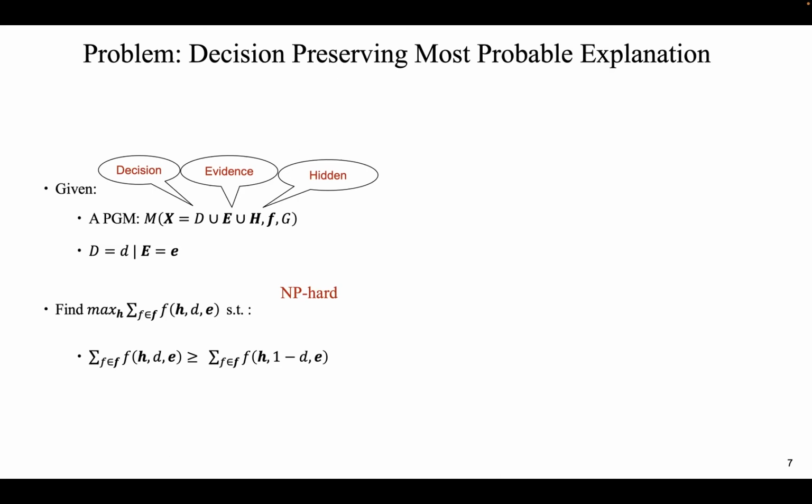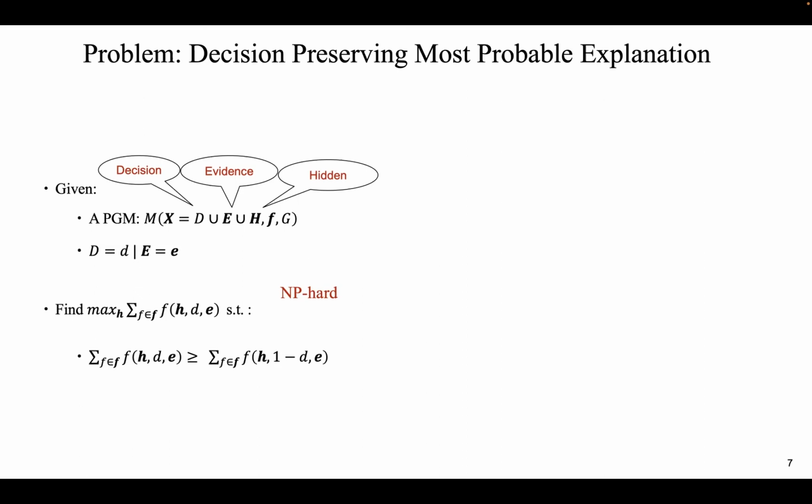The decision preserving explanation problem, or the same decision explanation problem, finds the most probable assignment, or most probable explanation, of a given partial assignment according to the generative model, such that the same decision is made according to the discriminative model, right? So the generative model is now associated with F, and the discriminative model is also associated with F, but it computes different things.